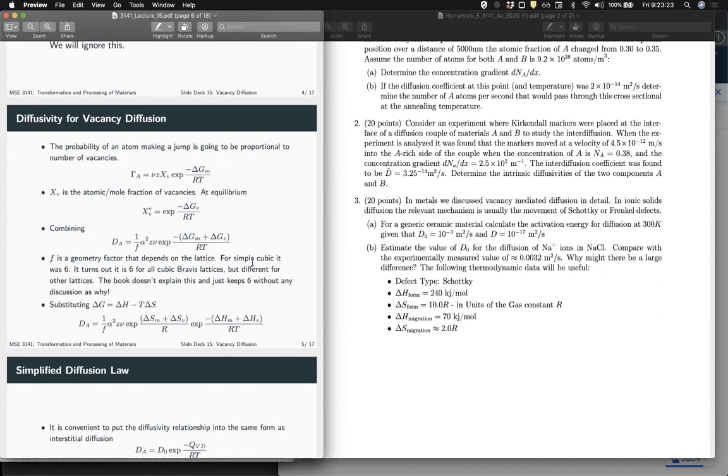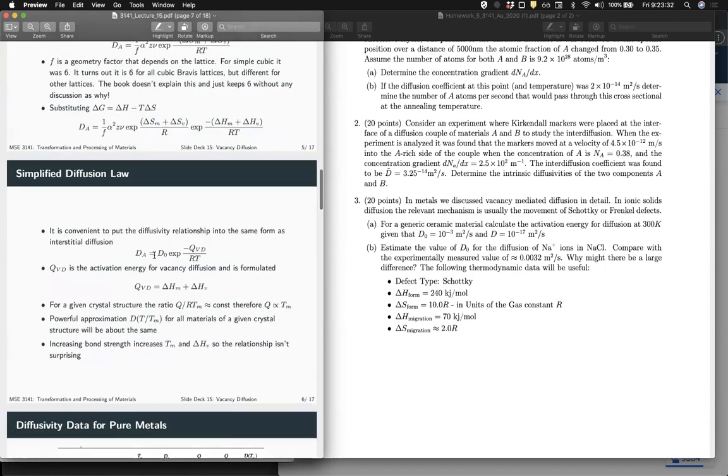And I give you the D naught term. So for the first part, I give you the diffusivity and D naught, and I just ask you to calculate the activation energy.